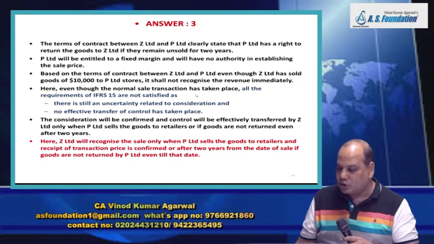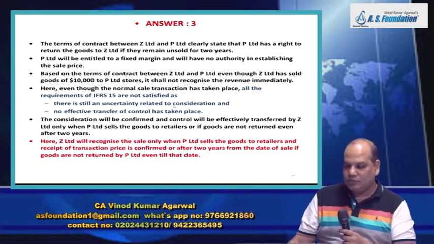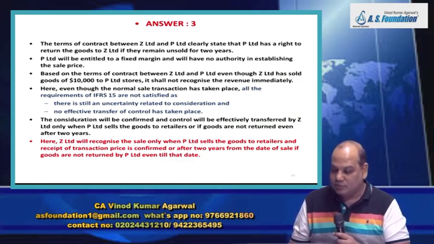Here, even though the normal sale has taken place, all requirement of 115 has not been satisfied because there is no certainty relating to consideration. One of the conditions was that consideration must be received and no effective transfer of control has taken place. The other party has a right to return the goods if they remain unsold for 2 years.